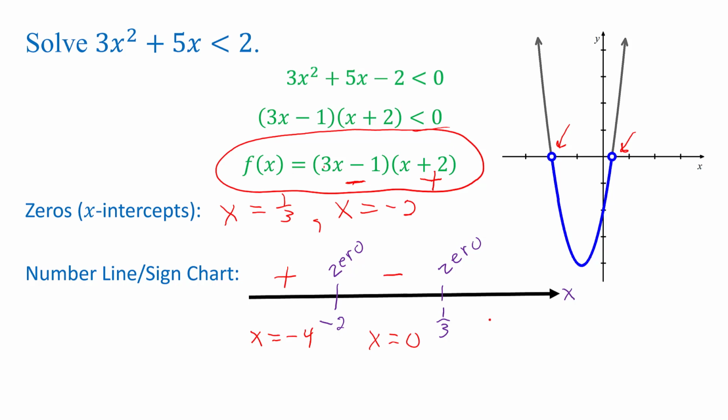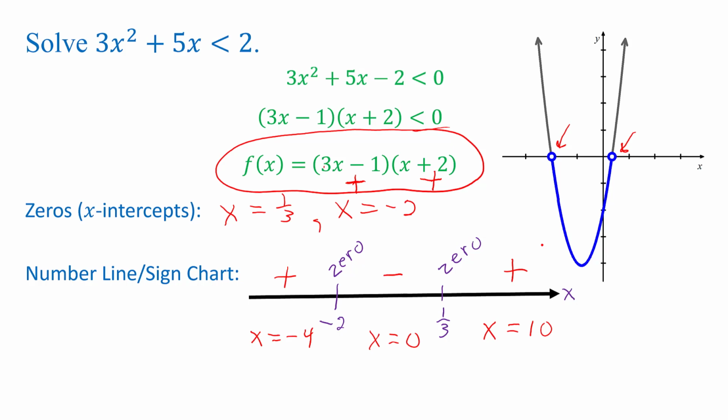Then to the right of 1/3, let's pick x equals 10. Plugging into my function, 3 times 10 minus 1 would be positive, and 10 plus 2 would be positive. A positive number times a positive number is positive. So to the right of x equals 1/3, all of my y values would be positive.